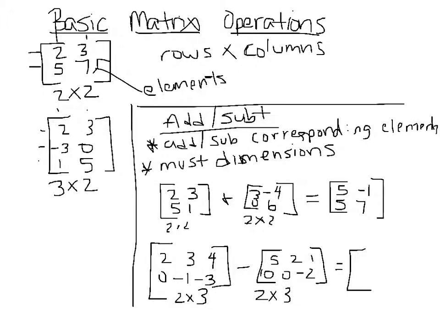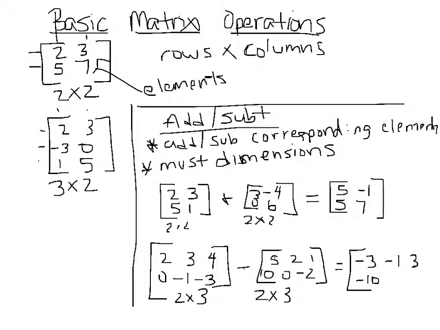So when we subtract the elements, we'd have 2 minus 5, which would be negative 3. We'd then have 3 minus 2, which would be negative 1. We would have 4 minus 1, which is 3. 0 minus 10, which would be negative 10.